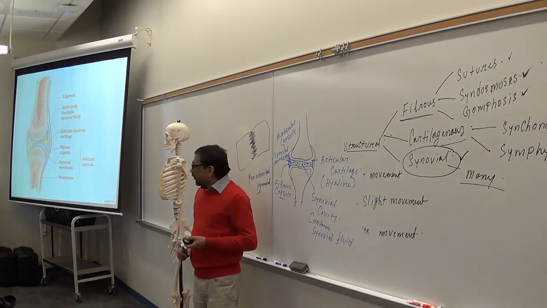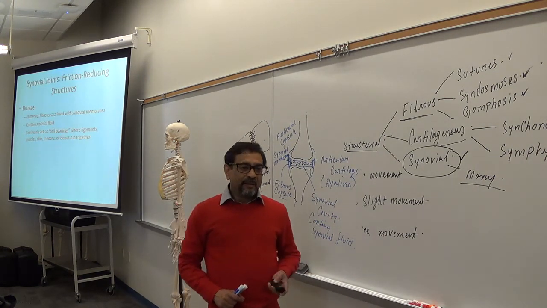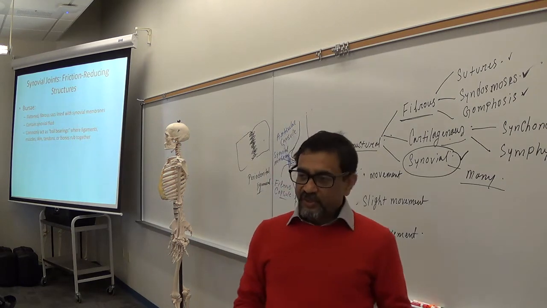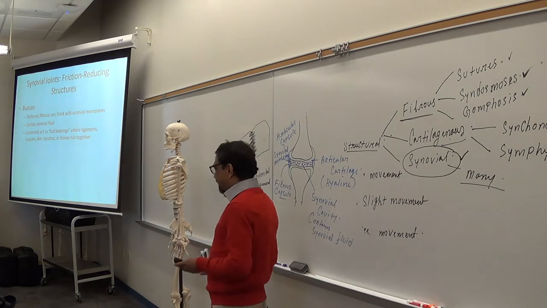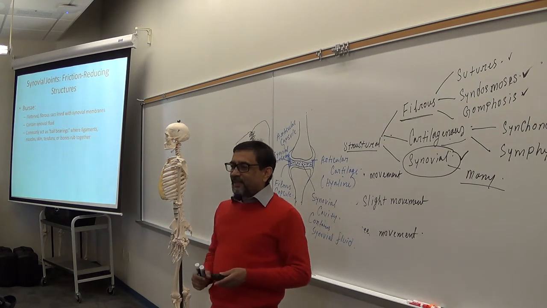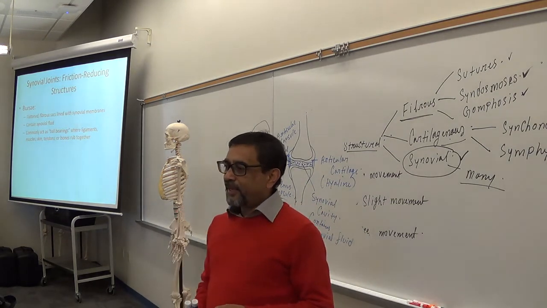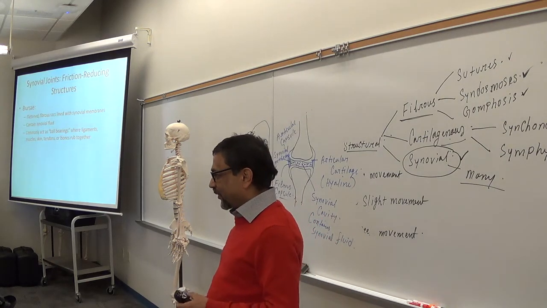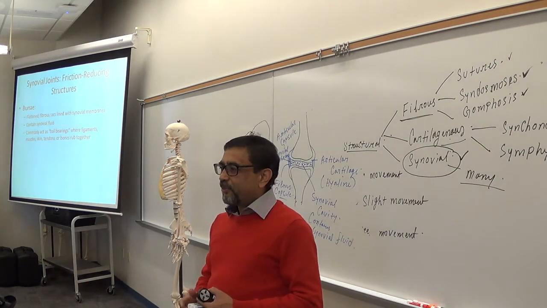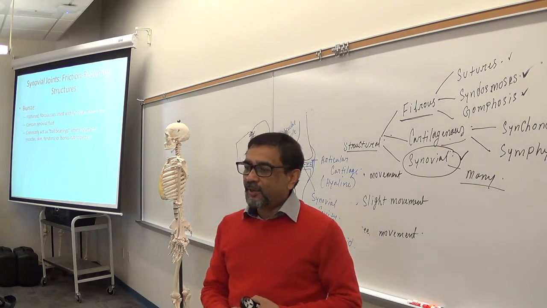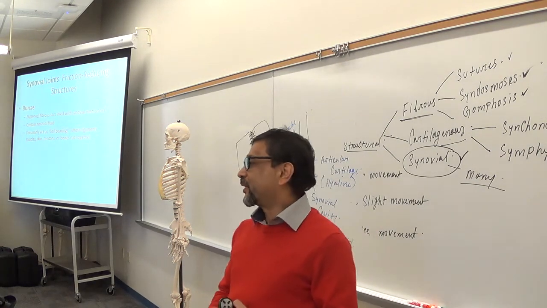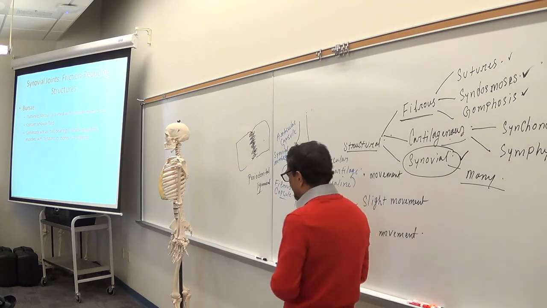Now, in large synovial joints, not all, in large synovial joints, you will see some flattened membranous sacs. So, flattened membranous sacs filled with synovial fluid, and those sacs are called bursa.